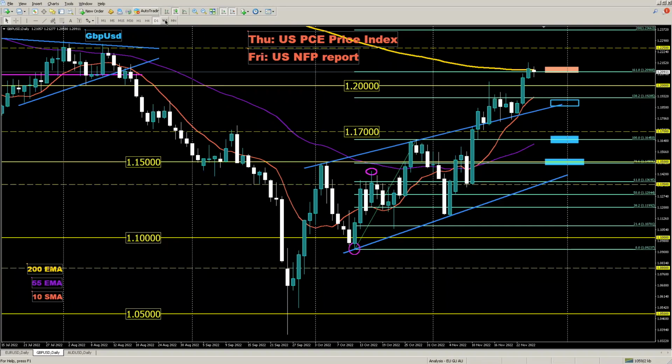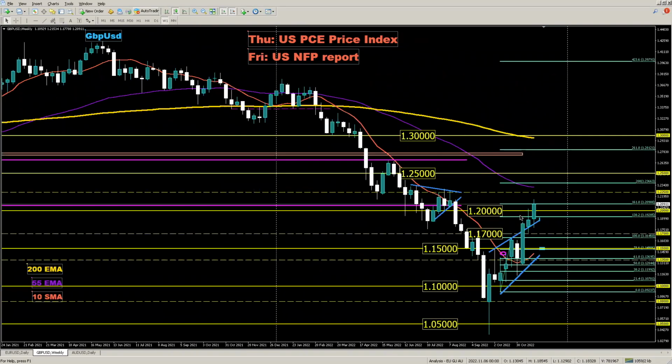Let's take a look at the weekly time frame as well. And yes, that's a bullish close for the week, attempting to climb up to the next resistance zone where the weekly 55 is as well, just above that, and that is at the 123.15.